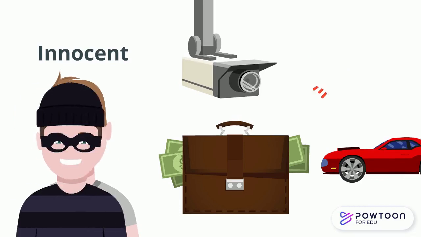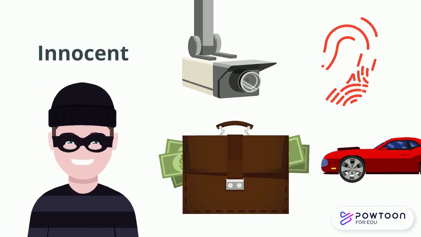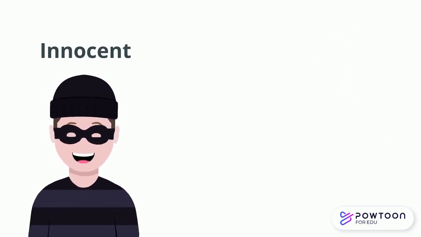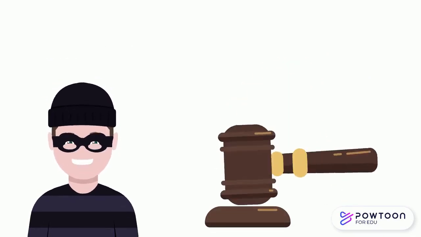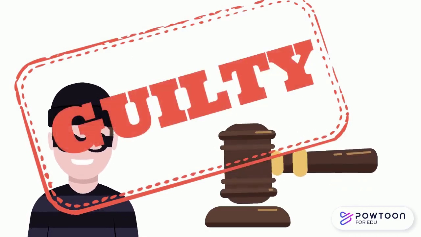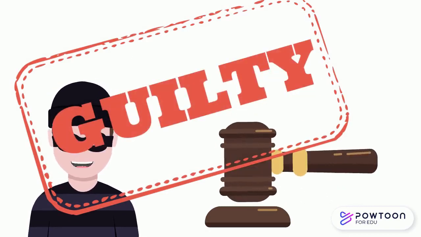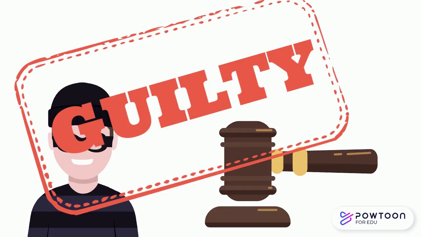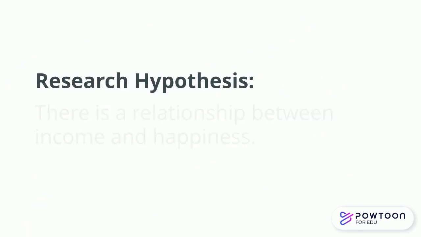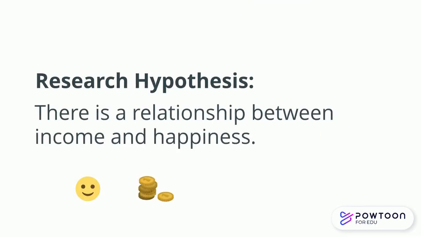The suspect might even show up to court in his bank robber outfit. Once there is enough evidence or data like this to suggest beyond reasonable doubt that the suspect isn't innocent, we reject the suspect's innocence and instead accept that they're guilty. So you can think of hypothesis testing in the same way.